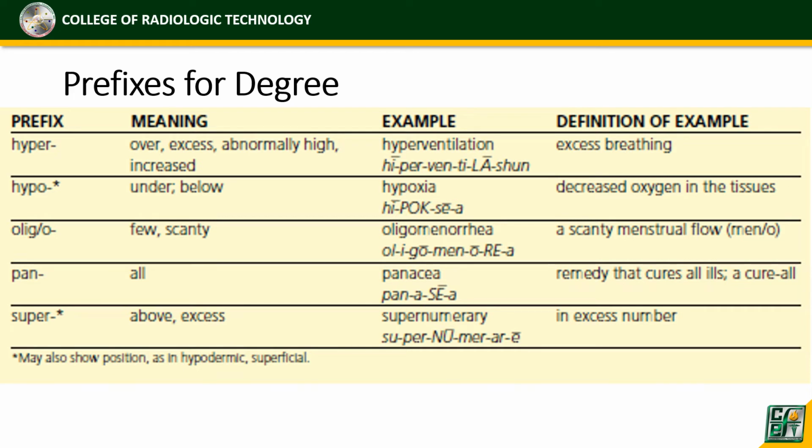Next, olig or oligo, which means few or scanty. Example is oligomenorrhea, which means scanty menstrual flow.